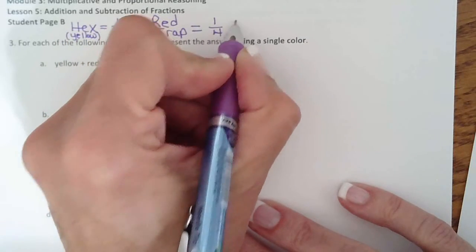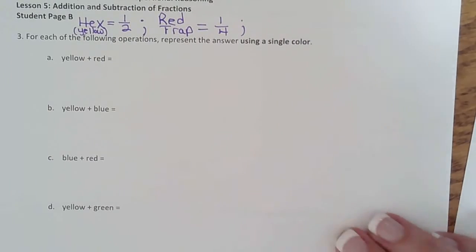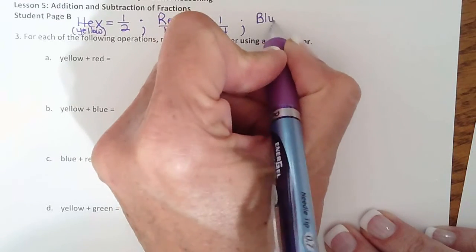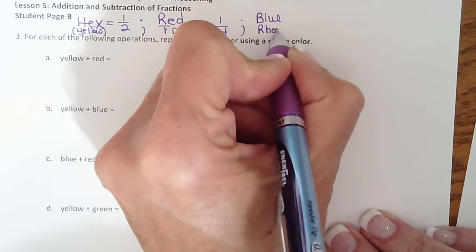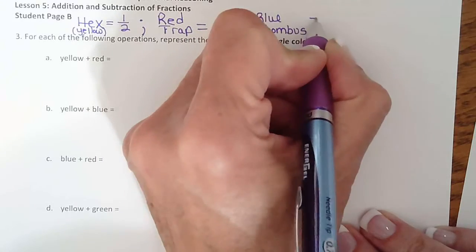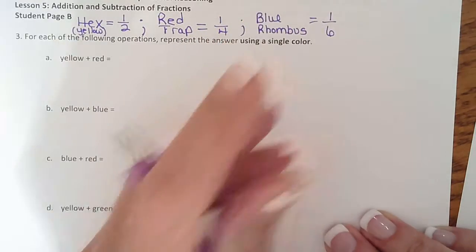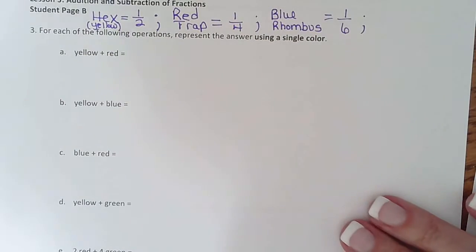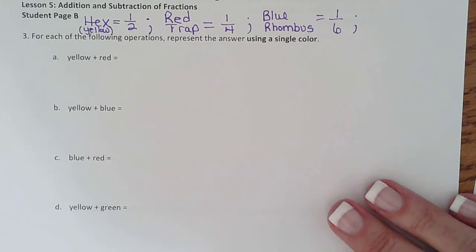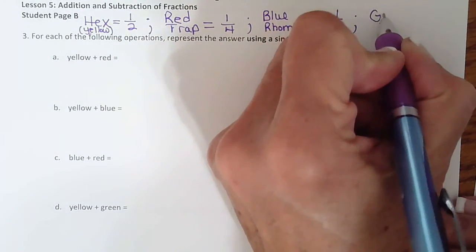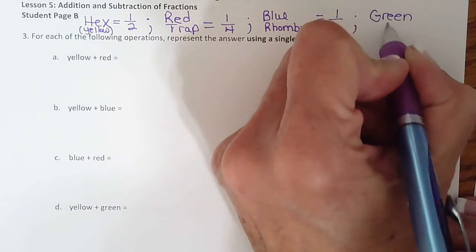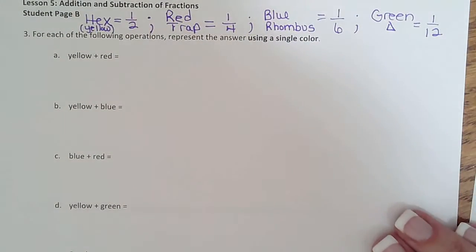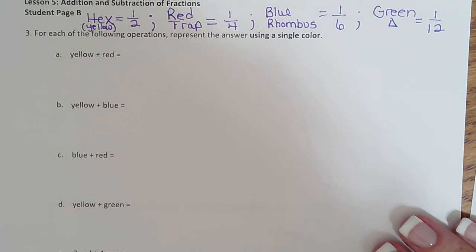And I'm just copying this from the other page just so we don't have to keep turning the page over. A blue rhombus from the other page is 1/6. And a green triangle is 1/12. So now we have that little key up there so we can use that.